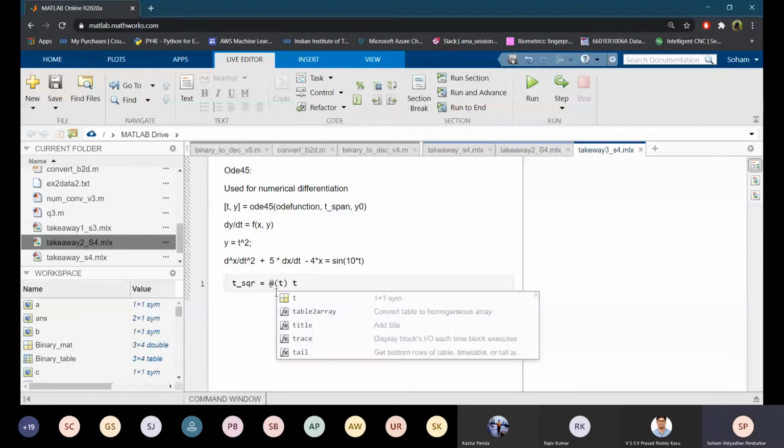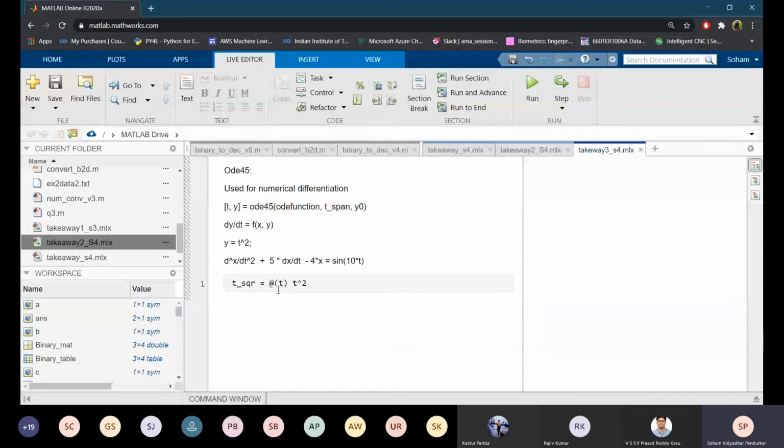So now t square is a function handle. What I mean by that is in the place of the ODE function, I can directly put t square, and it will understand what is to be taken inside.